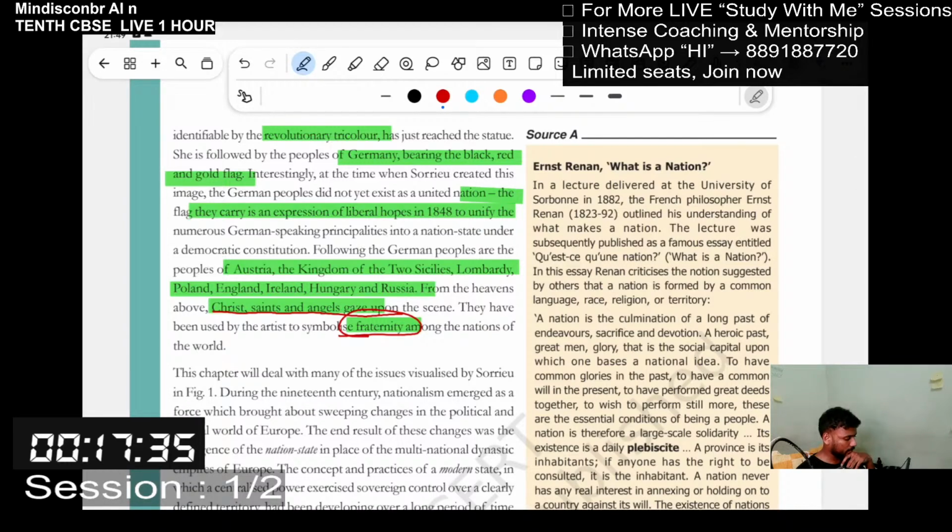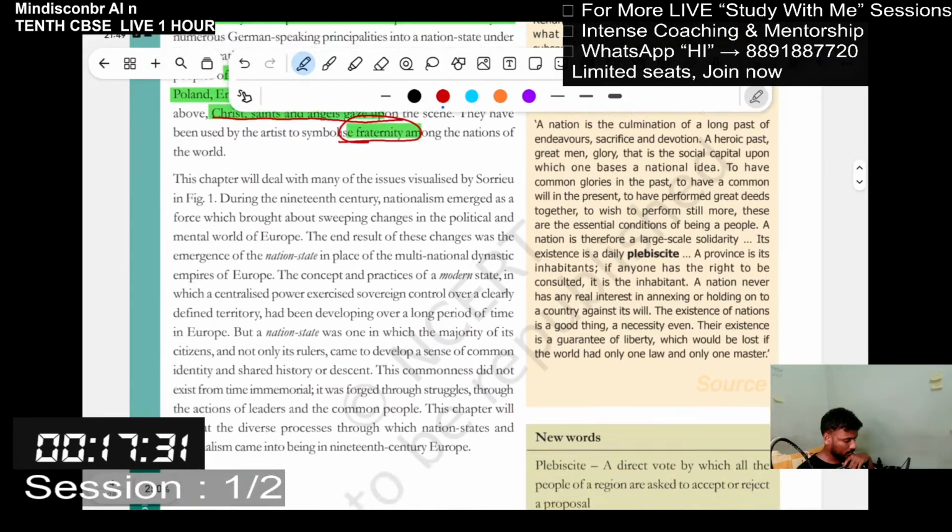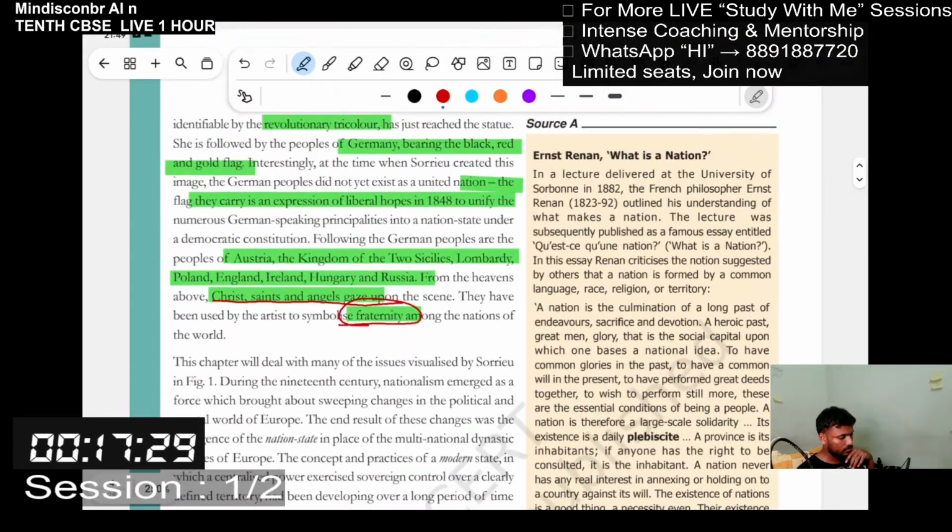Ernest Renan. In a lecture delivered at the University of Sorbonne in 1882, the French philosopher Ernest Renan outlined his understanding of what makes a nation.